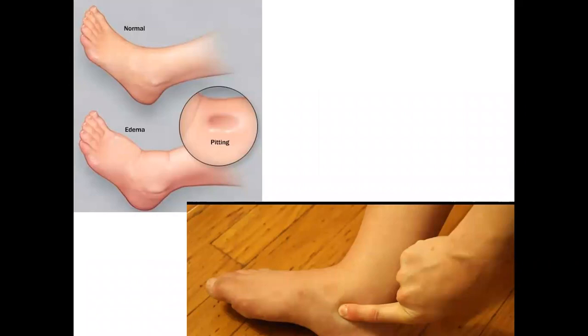Here you see the first picture is normal, but when you push pressure over the malleolus bones and withdraw, it takes time to rebound because of pitting edema. What is pitting edema? Fluid accumulates in the lower extremity, maybe from a heart problem, a liver problem, or any other disease. Next.